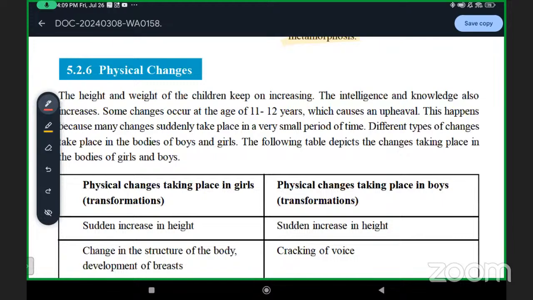We know that when we are a baby, from 0 to 5, we grow up and some changes take place. Then from 5 to 10, some more changes take place. Then 10 to 15, and 15 to 20, more changes.